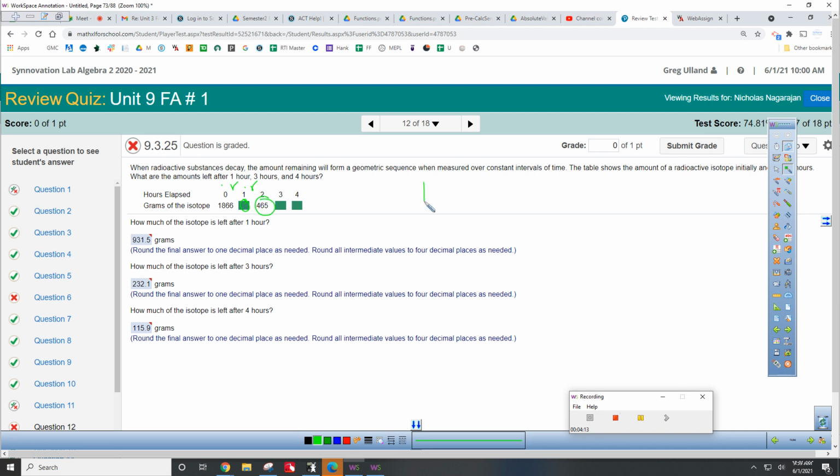So your equation is 1866 times R is 465. Divide each side by 1866. 465 divided by 1866.